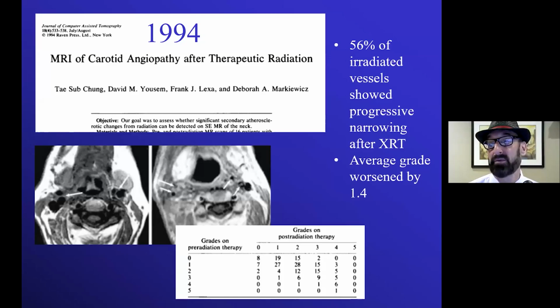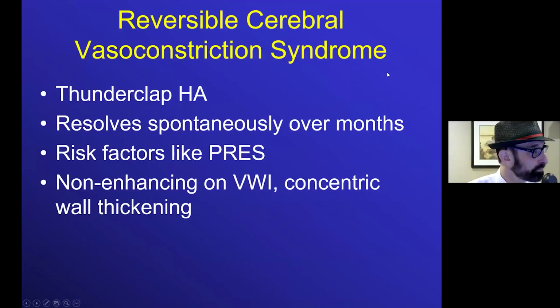A lot of times we see radiated sellas for pituitary adenomas that could not be completely resected, or meningiomas that are being treated. And you may see bilateral cavernous carotid artery or supraclinoid internal carotid artery narrowing secondary to the radiation. That may occur also with nasopharyngeal carcinoma, which again may be one side if the fossa of Rosenmüller on the left side is involved, for example.